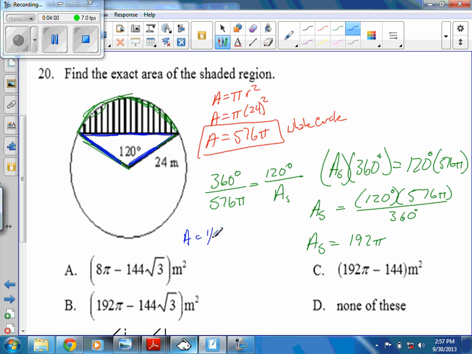Area equals 1/2 base times height. So what we need to do is we need a couple of things here. We need to know how tall this triangle is. Right here, here's our height. And we need to know our base.